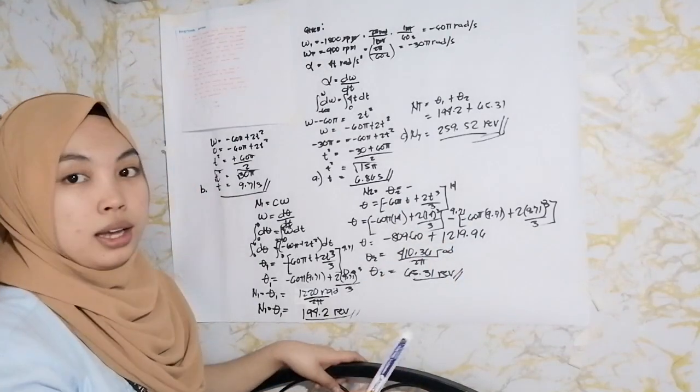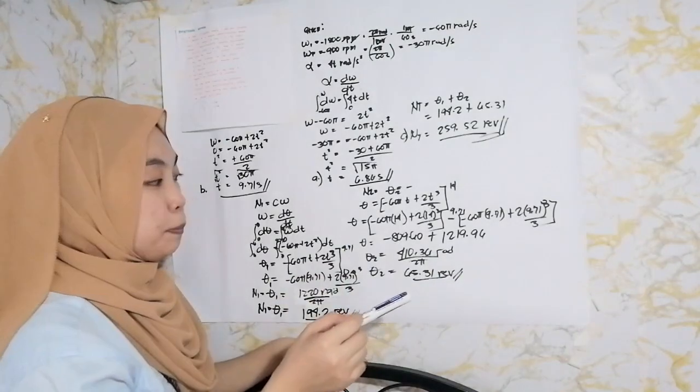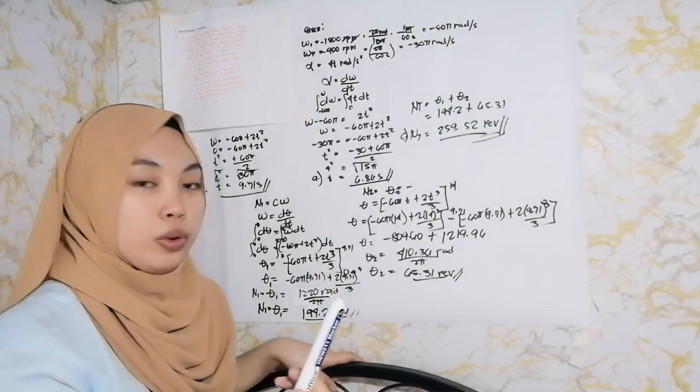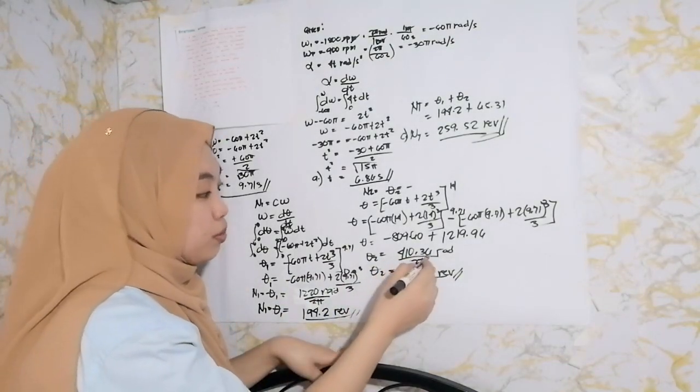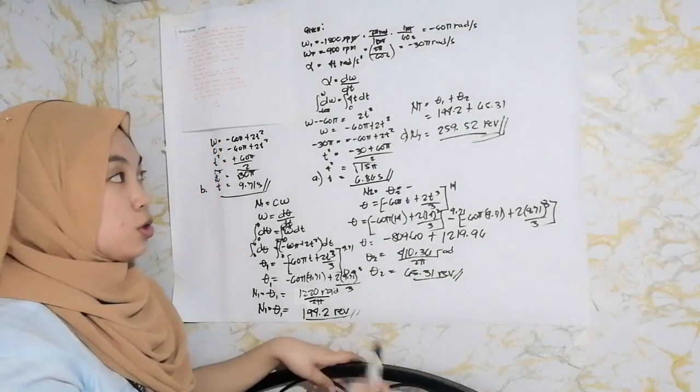Then we convert it into rev by dividing by 2 pi, and we get 65.31 revolutions.